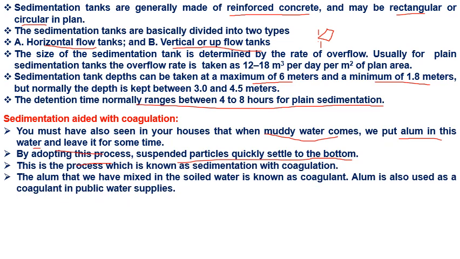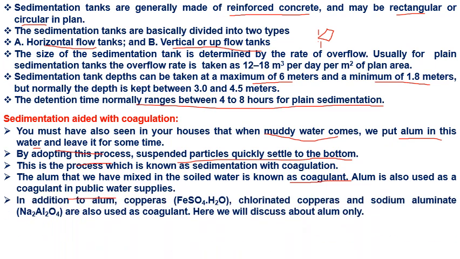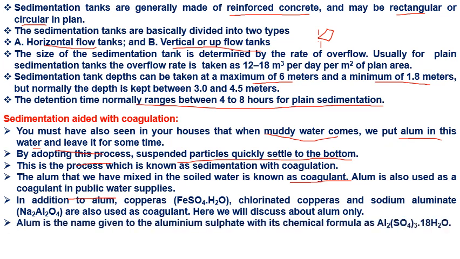This is the process which is known as sedimentation with coagulation. The alum that we have mixed in the muddy water is known as a coagulant. Alum is also used as a coagulant in public water supplies. In addition to alum, copperas, chlorinated copperas and sodium aluminate are also used as coagulants. Here we will discuss alum only.